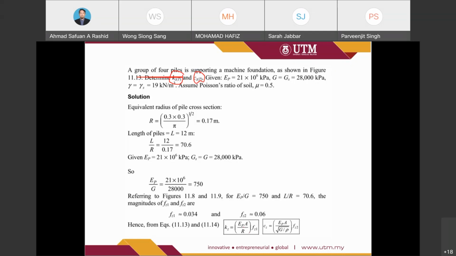So this is the equation that we may use later on.